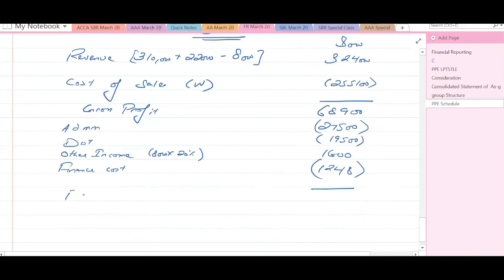Then you get PBT, profit before tax. Again, calculator. So 68,900 minus 27,500 minus 19,500 plus 1,600 minus 1248. It gives you 22,252, and then you take the tax from the working of the taxation.